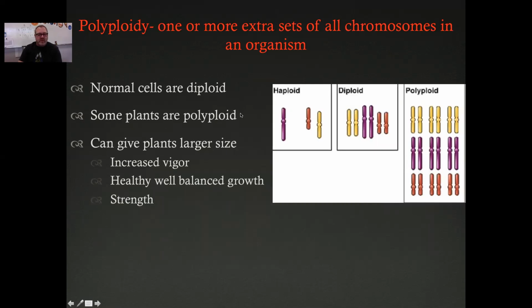Haploid, again, that's when there's only one set. Normal cells are diploid, right? Some plants are polyploid, and plants that are polyploid can have traits like increased vigor, meaning that they're stronger, they grow faster, they're healthier, they have more balanced growth, things like that.